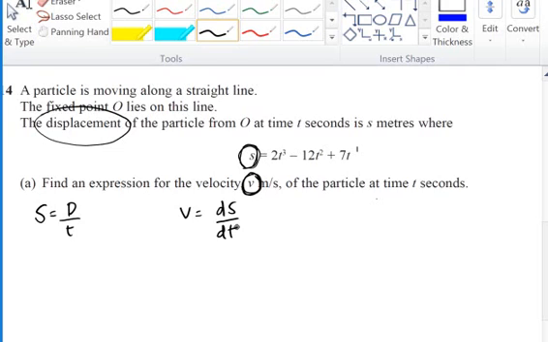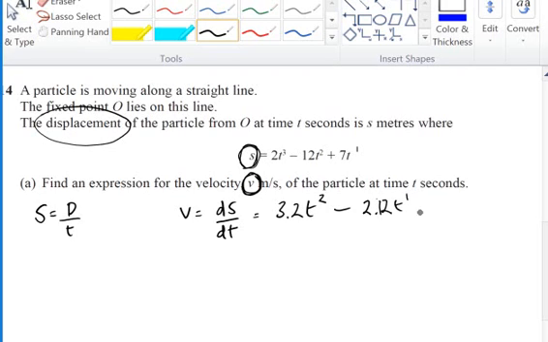And the same process as before. So again, we would then go 3 times by 2, t to the power of 2. Notice the 3 comes down, multiplies, knock 1 off the power, minus 2 times 12 times t to the 1.